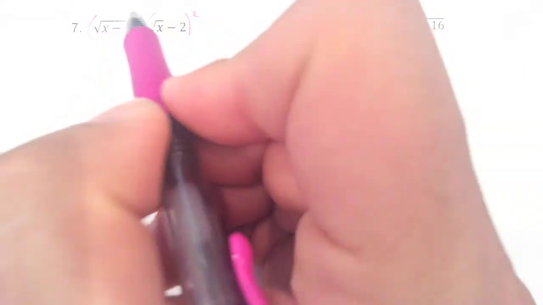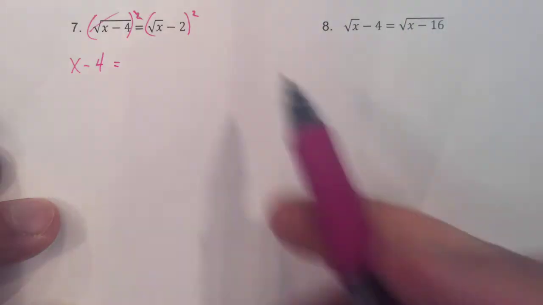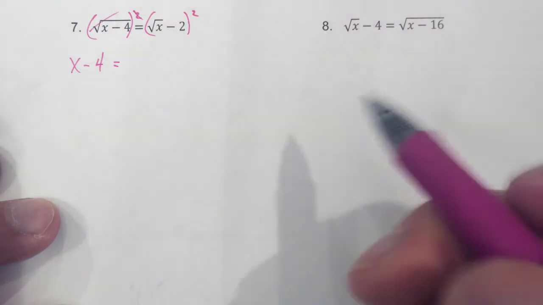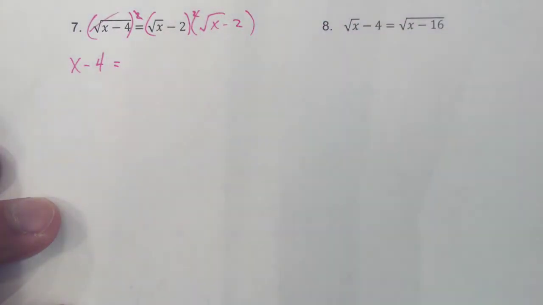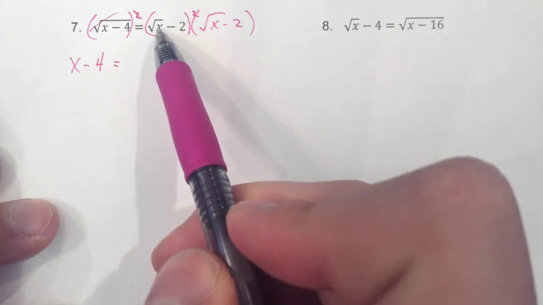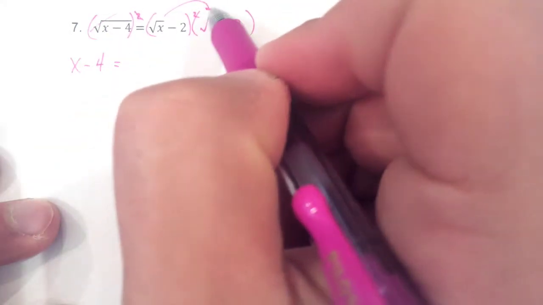On the left side, it's just a single radical, so it can cancel each other out, leaving you with x minus 4. On the right side, we have that binomial, so it has to be distributed out. Okay, so what's the square root of x times the square root of x when we multiply this? Square root of x times the square root of x is x.